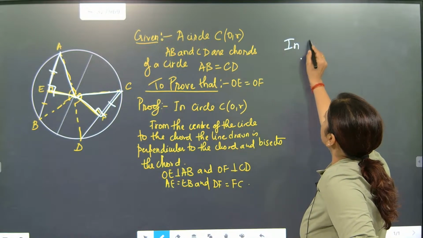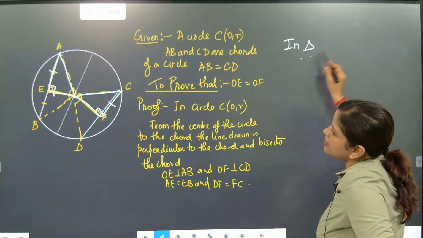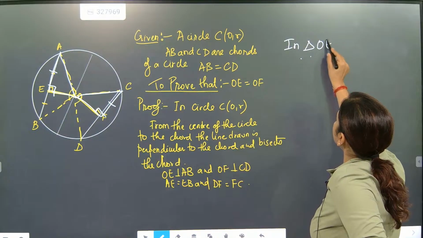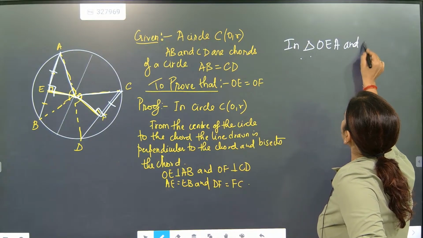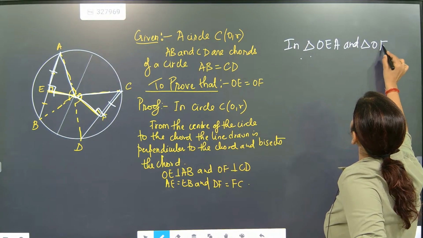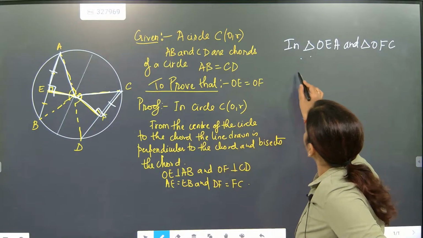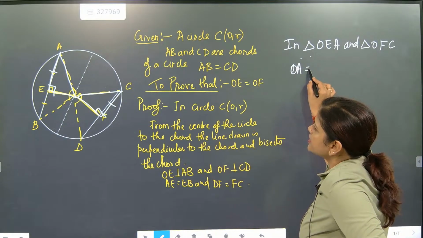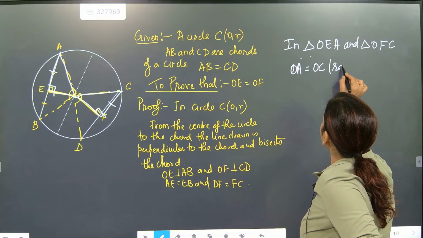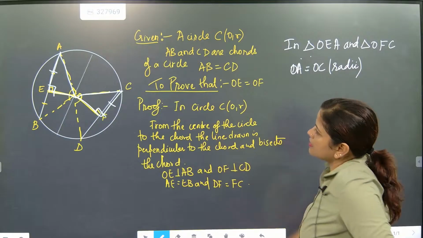In triangle OEA and triangle OFC, first, beta, OA is equal to OC. What are they? Radii. Understood?